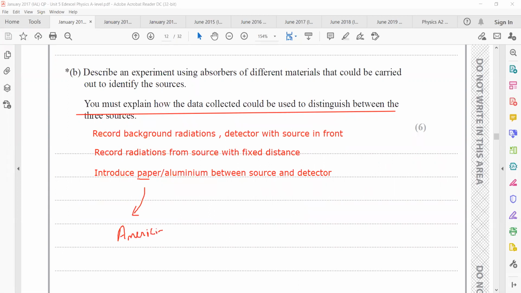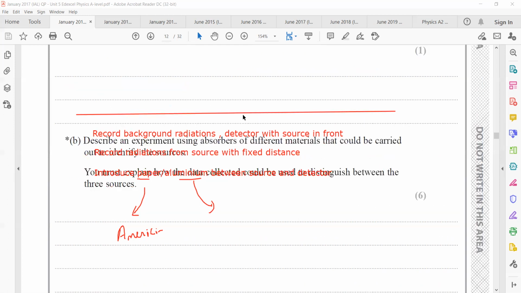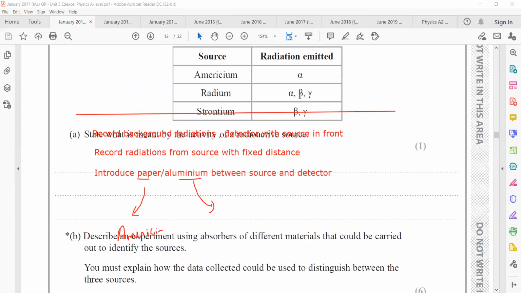And when we place an aluminum, the count will reduce, but not to background. Then it will be strontium. And radium is there because radium is emitting out alpha.